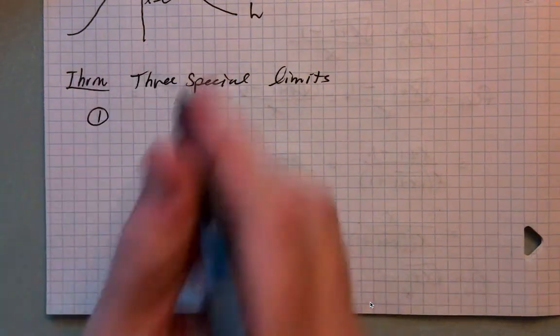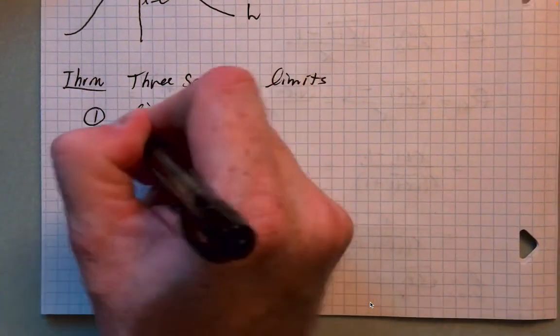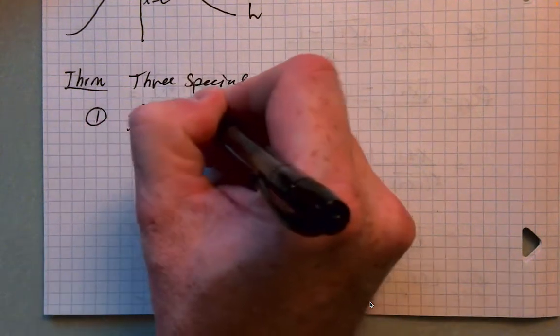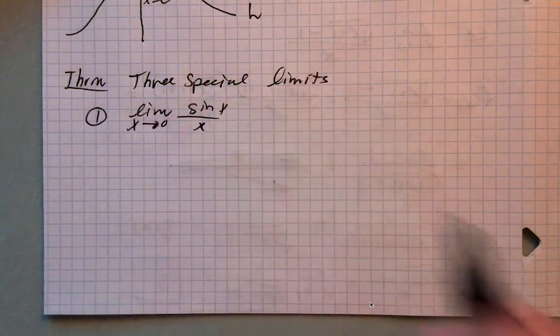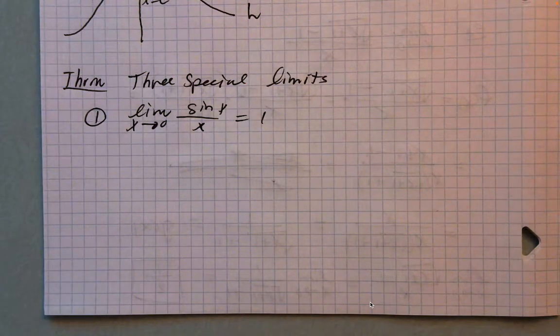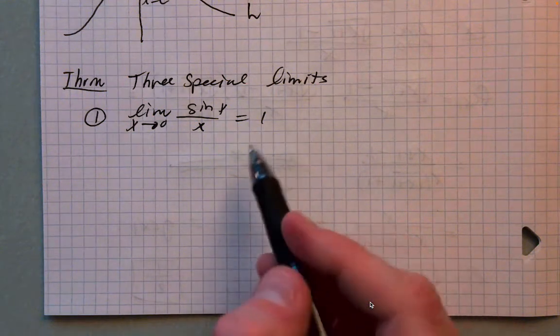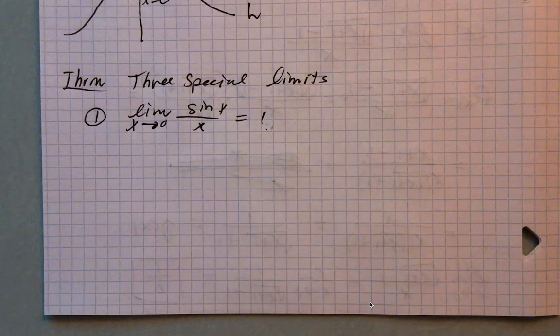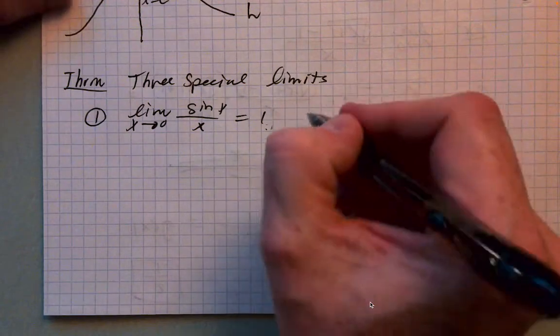So the first one is the limit as x approaches 0 of sine of x over x. That limit is 1. If you take the sine of x and divide it by x, then as x gets closer and closer to 0 from either side, the value of the ratio goes to 1. That's pretty nice. We'll prove this one in a second.